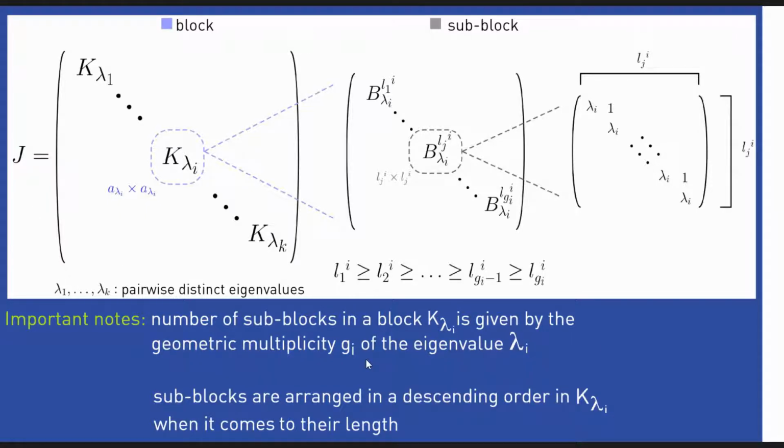Because the number of smaller subblocks inside of the larger block k lambda I is given by the geometric multiplicity gi of the eigenvalue lambda I, and the subblocks are arranged in a descending order in k lambda I when it comes to the length, we get the following result.